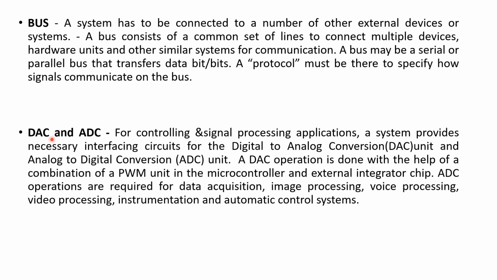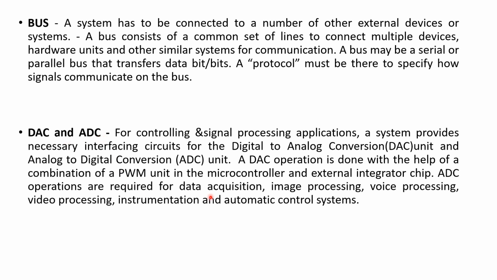And another component which needs to be included, specifically if you are using an application specific processor like a DSP, etc., for performing many of the operations, is for signal processing applications. So we may require DAC circuits, ADC circuits, etc. So ADC is analog to digital conversion.